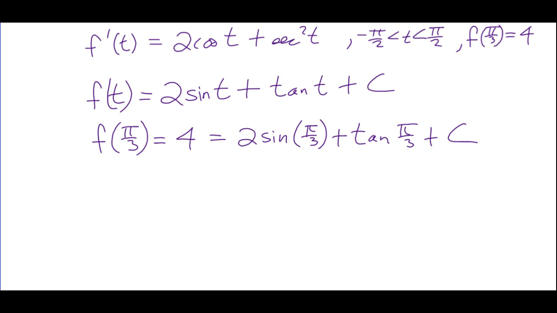Okay, so f of pi over 3 is 4, right? So 4 is equal to 2 times sine pi over 3 plus the tan of pi over 3 plus c.